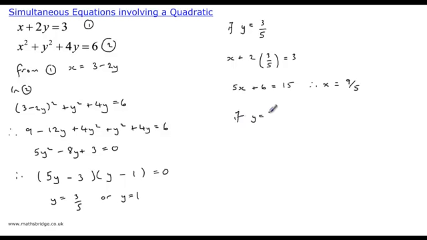Or if y is equal to 1, we then get x plus 2 equals 3, and therefore x is equal to 1.